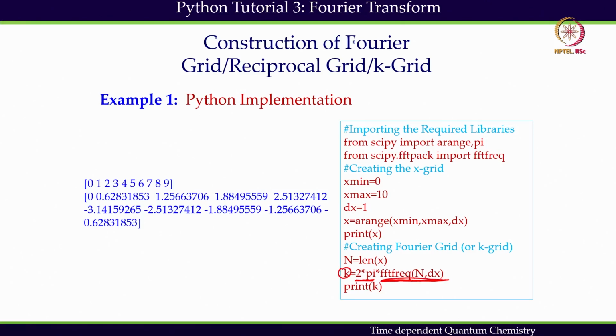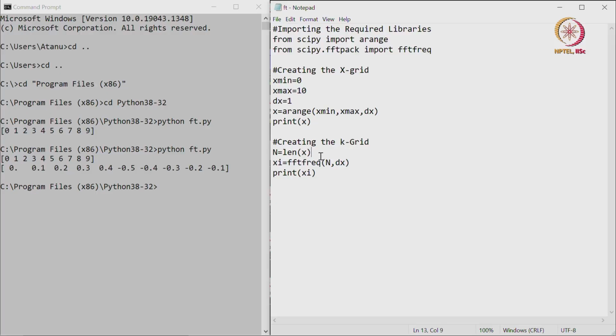That's exactly what we are going to do right now. We are going to move to the laptop, and in the program we will write k equals 2 multiplied by pi. But remember, pi is not available with Python directly; it is not an inbuilt mathematical function and needs to be imported from SciPy.